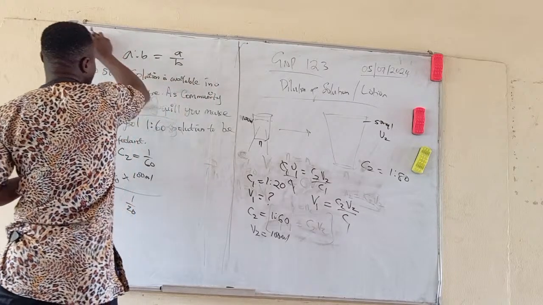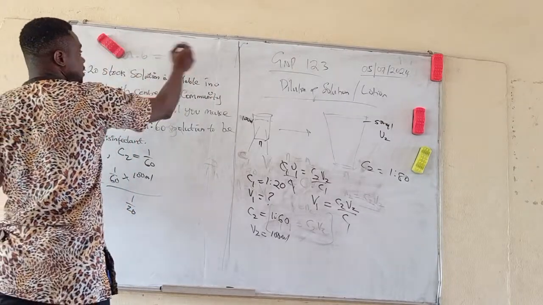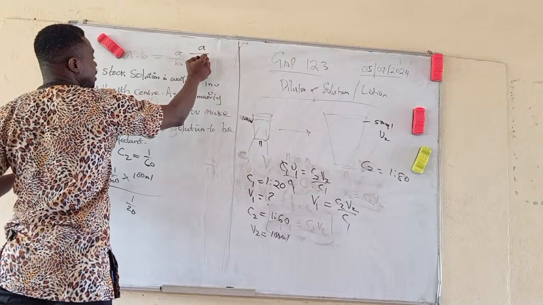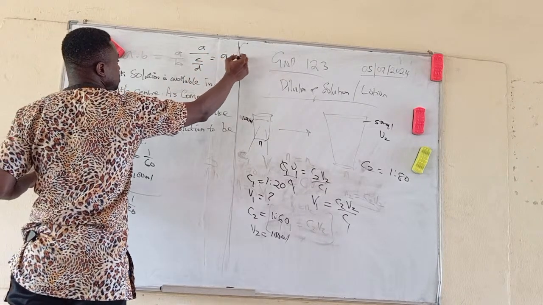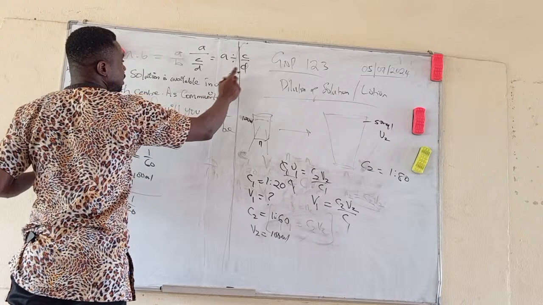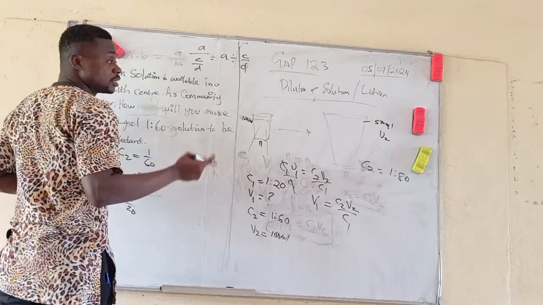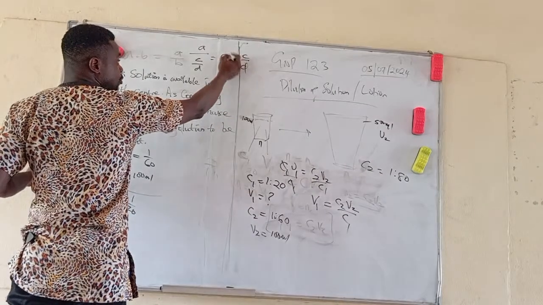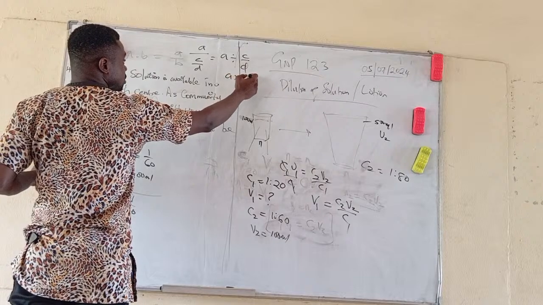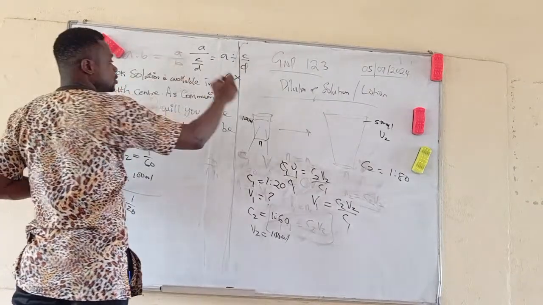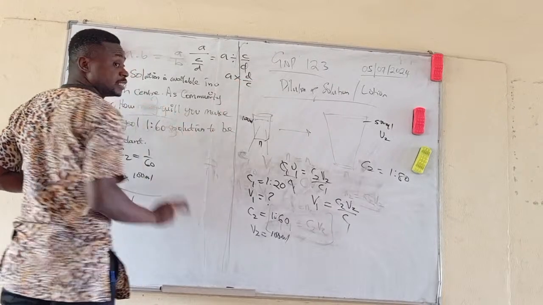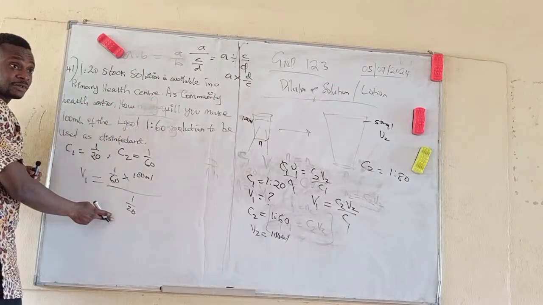If you have A over C over D, it is the same as A divided by C over D. If this changes to multiplication, you have A times D over C.